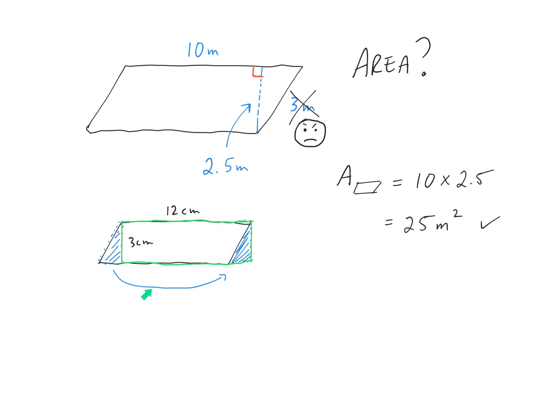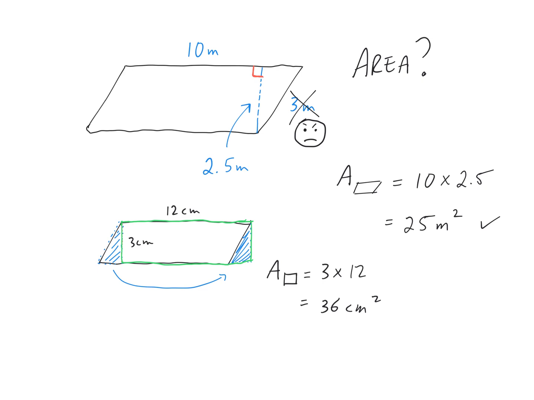If I put this blue piece back into our original drawing, just by cutting a piece off and attaching it to the other side doesn't change the area. I still have the same amount of stuff, right? So the area of this rectangle is 3 times 12, which gives us 36 centimeters squared.